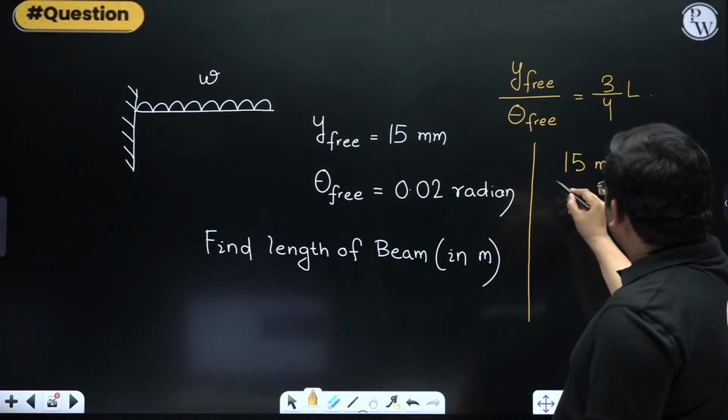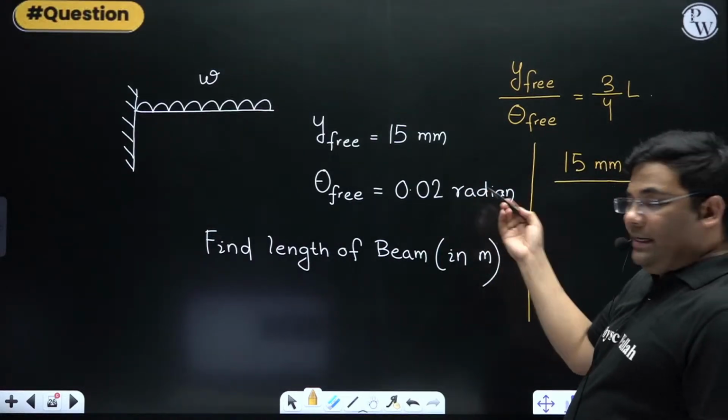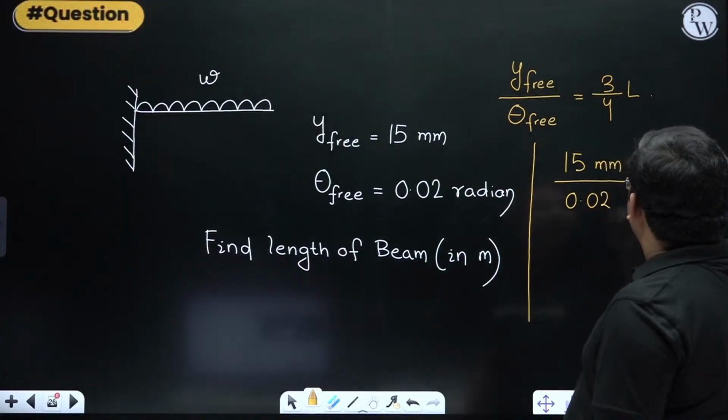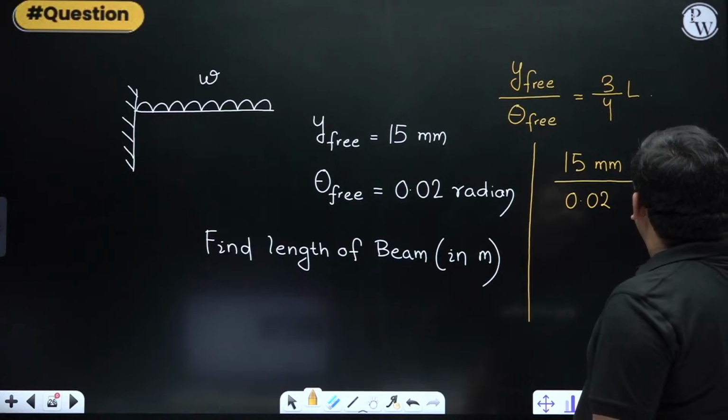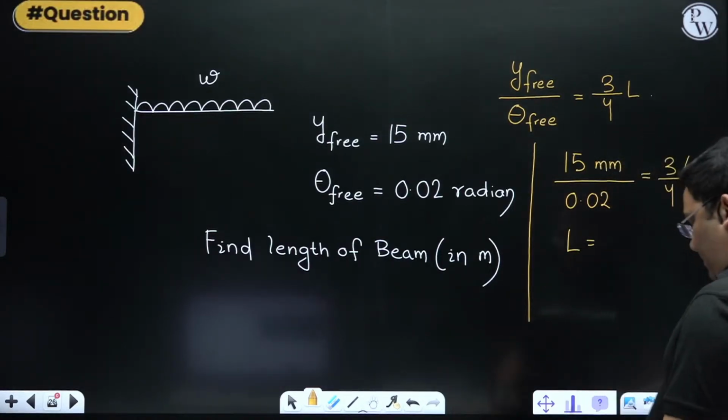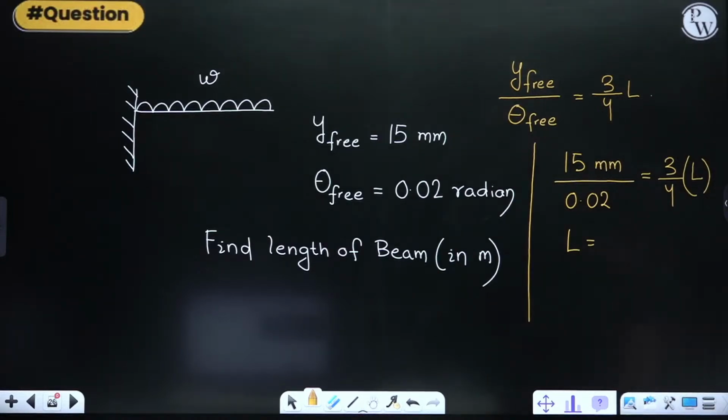And theta I'll put in radian only, it's given in radian, so 0.02 radian. That is equal to 3 by 4 L. So from here I will get L in mm, because this is in mm. If we use this, then I'll get it in mm only.